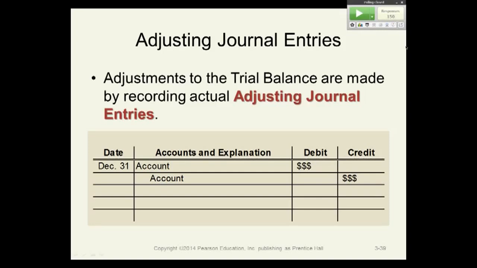Okay, so office supplies. And the balance of office supplies was 500. But we'll see this in the next slide. You've been using up lots of office supplies all year long. And let's say that at the end of the period, you counted the ending balance, you take a count, and it only comes up to 100.